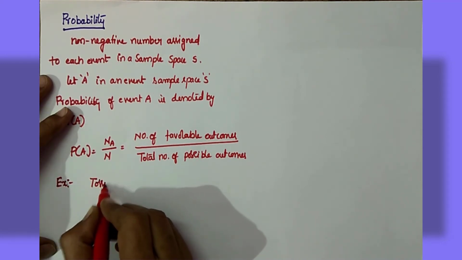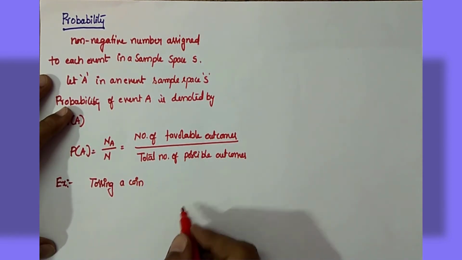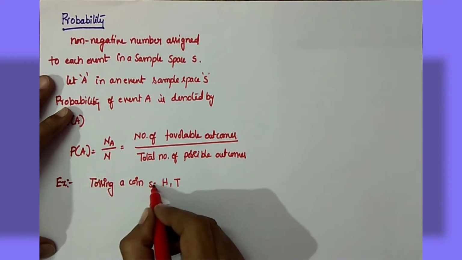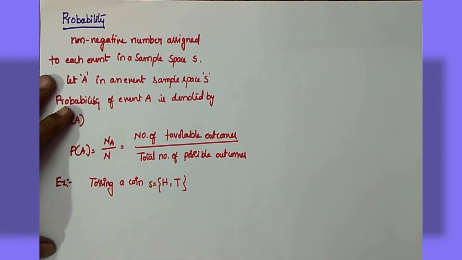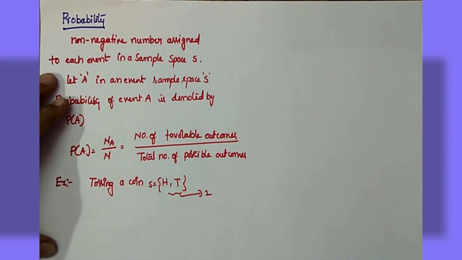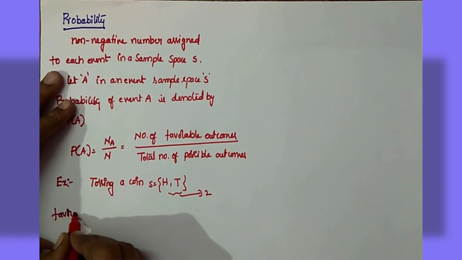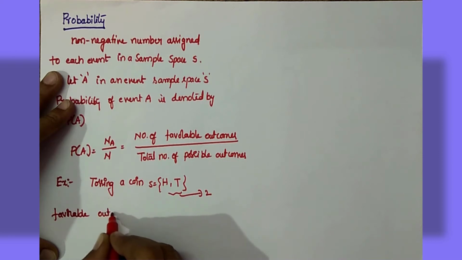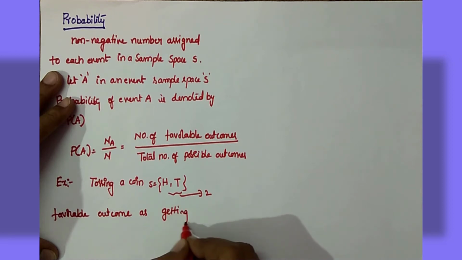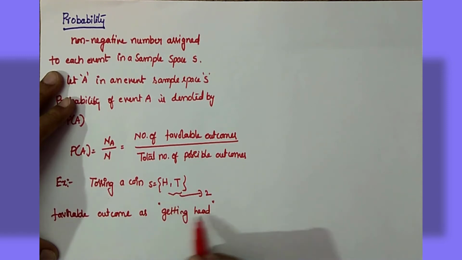Tossing a coin. What are the possible outcomes? Head and tail. So your S consists of two possible outcomes, head and tail. How many possible outcomes? 2. Suppose you take your favorable outcome as getting head. How many favorable outcomes are there?